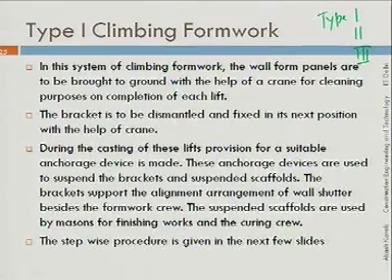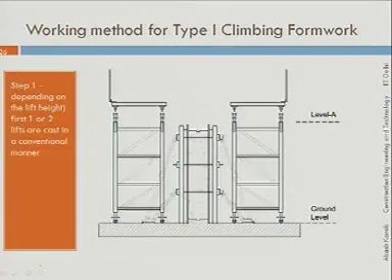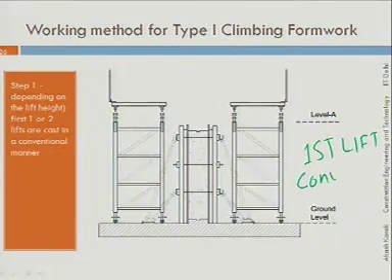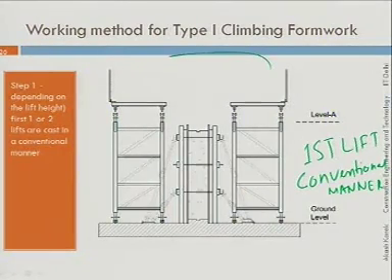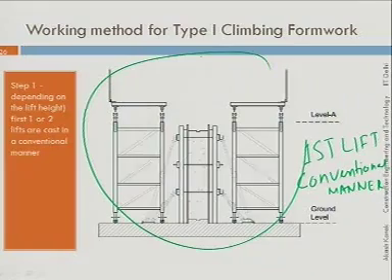Now, in type 1, what happens is like this: the first lift is done in a conventional manner. No change here. Whatever I had shown you previously, same thing is here.